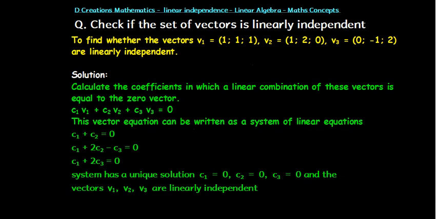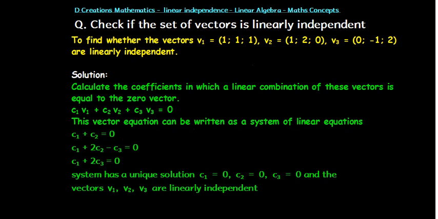Now, let us consider the first term, c1 into v1. c1 into the first component of v1, which is 1, gives you c1 itself. Then c2 into v2, c2 into the first component of v2, gives you c2 itself. Now c3 into v3. Notice that the first component of v3 is 0, so there is no term here involving c3. So we get our first equation, c1 + c2 = 0.